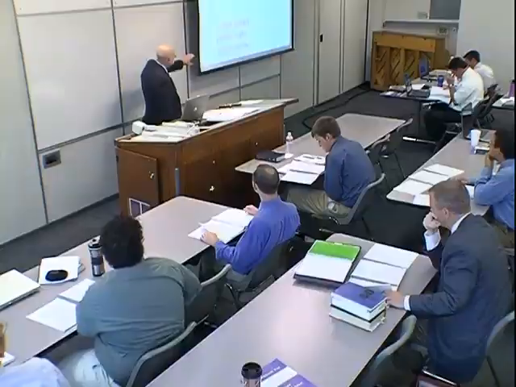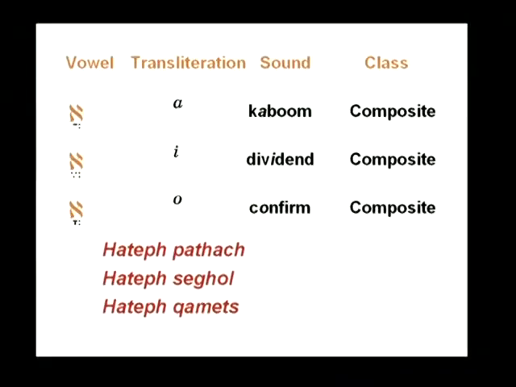I want to make certain everything's clear, because if it's clear, it's easier to remember, and it's easier to get good grades when we go to the exam. So these 3 are the Hatev Pathak, the Hatev Segol, and the Hatev Comets. Those are the compound schwas, the combination forms, where you have the schwa together with the other letters.